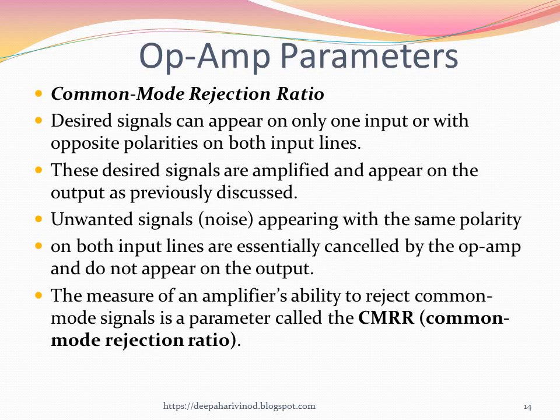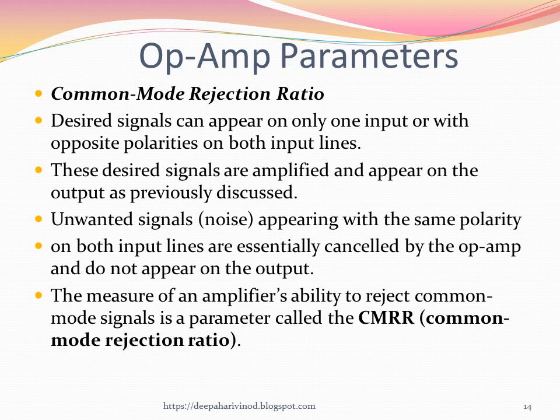Some of the parameters in that, common mode rejection ratio. The desired signal can appear on only one input, or with opposite polarities on both the inputs. These desired signals are amplified and appear on the output.